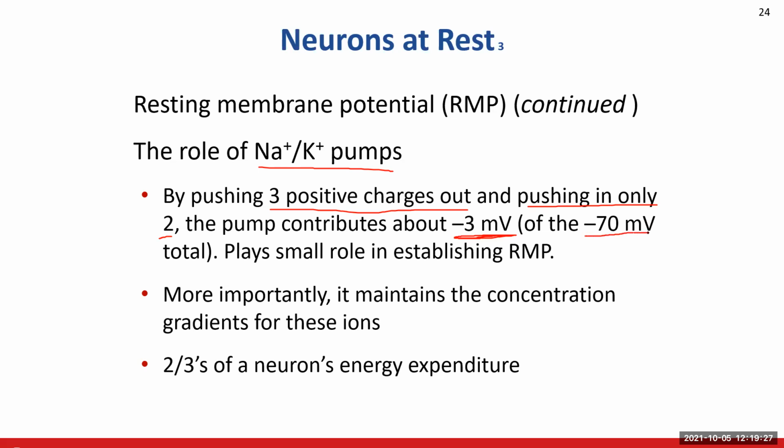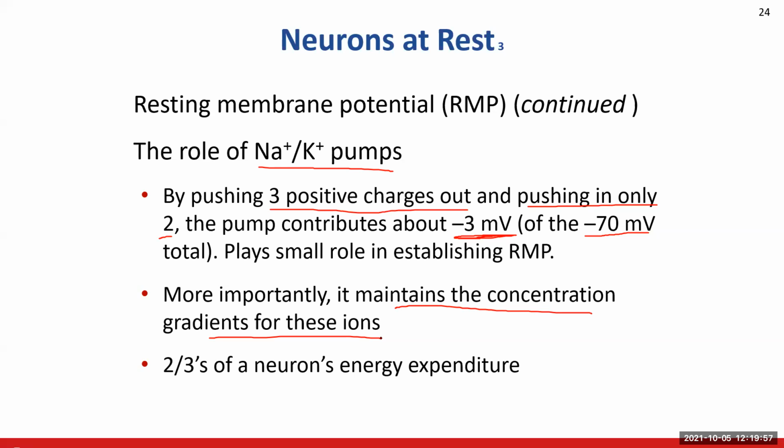And so basically when we add it all up, that's how we get negative 70. So keep in mind that the sodium potassium ion pumps play a very minor, small role in establishing that negative 70 value. But what they do that is very important is that they help to maintain the concentration gradient for those ions.